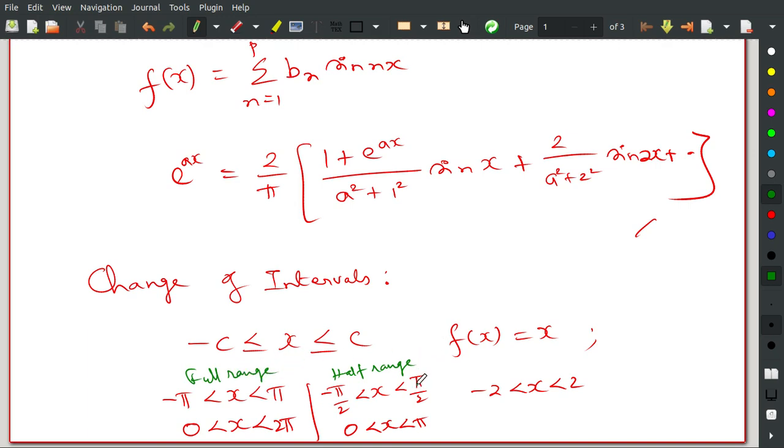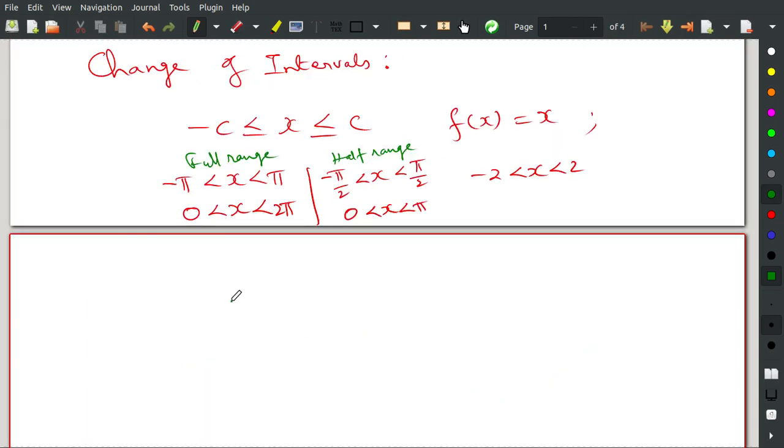Now what we are going to see is how to find the Fourier series for an arbitrary interval. If they provide an arbitrary interval, then the Fourier coefficient a0 equals, just a simple change, 1 by c integral 0 to 2c f of x dx.